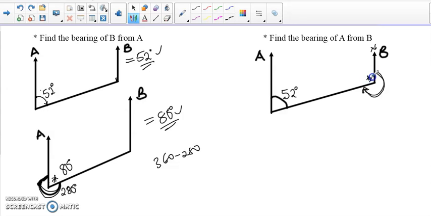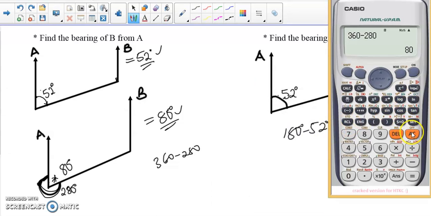Once I know it, I subtract it from 360, and that will give us this angle. To know this angle, I know that the sum of interior angles is 180. We did that when we were talking about parallel lines. So 180 minus this will give us this. So 180 minus 52. What do we have? 180 minus 52 will give us what?